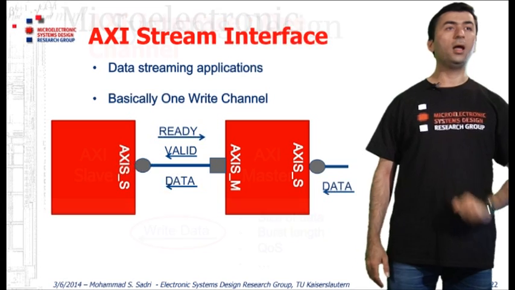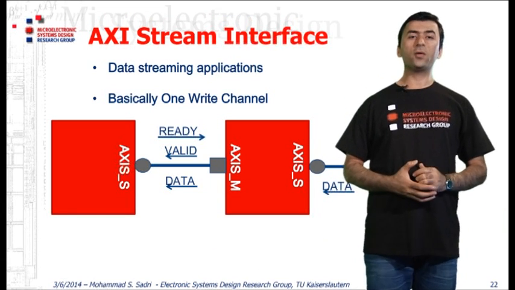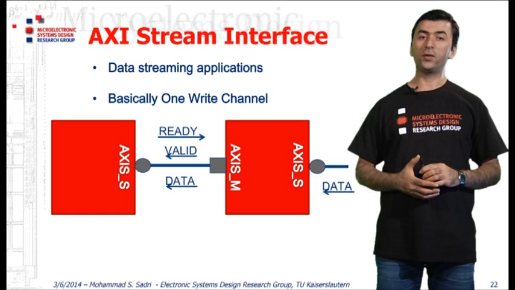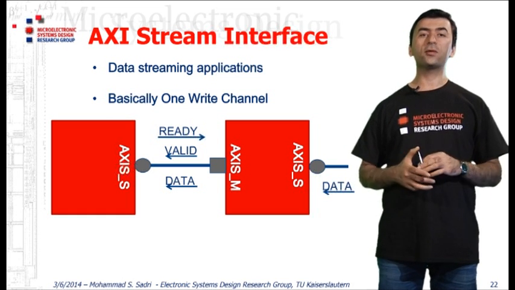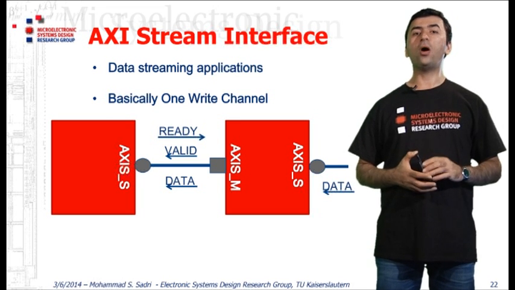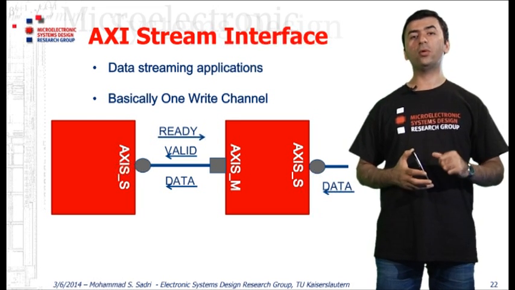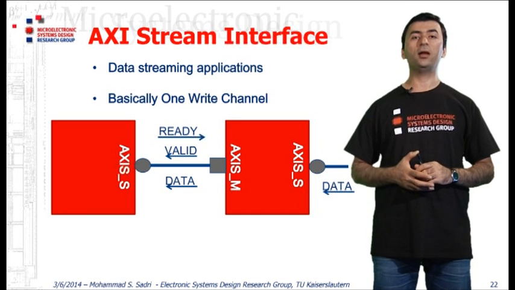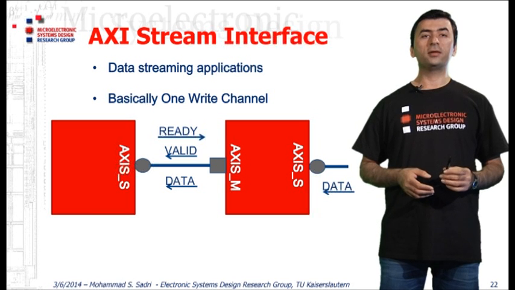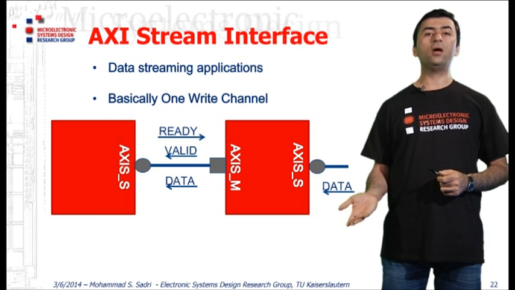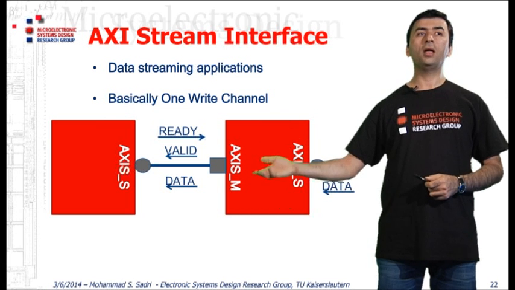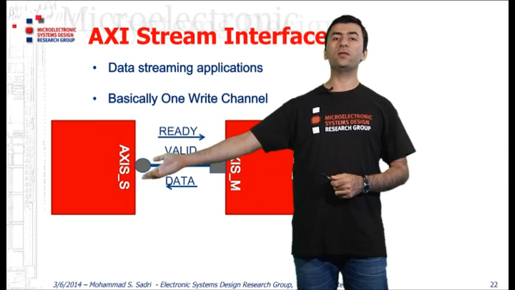Now, in addition to AXI memory mapped interfaces, we also have AXI stream interfaces or AXI stream connections. In many cases, in the hardware that we implement on ASICs, on FPGAs, and different types of logic, we have blocks that receive the data, perform a kind of processing on the data, and then pass the data to the next step.